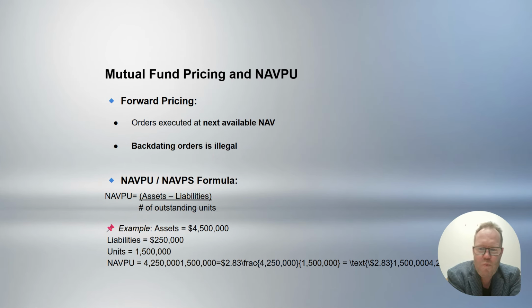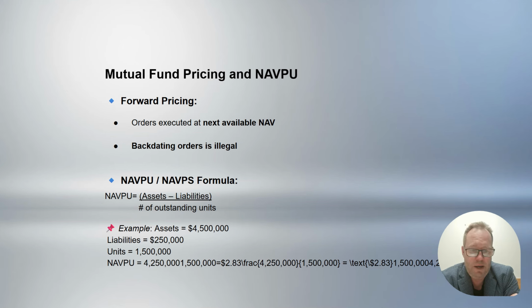So when we talk about the value of a mutual fund, or what is the current value of a specific fund, we're talking about the NAVPU, meaning the net asset value per unit. It's the way we price an existing mutual fund.